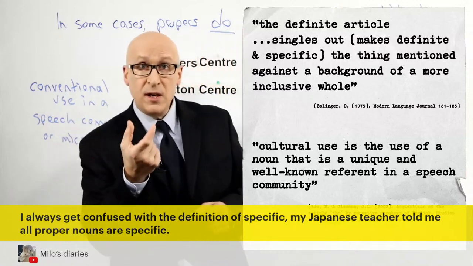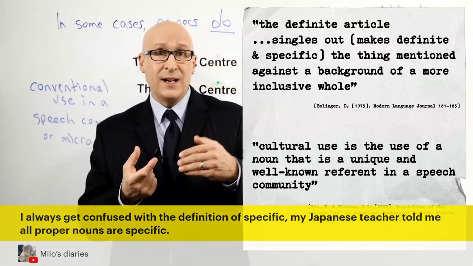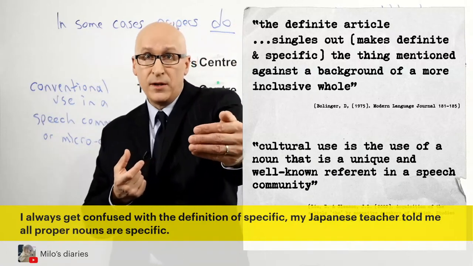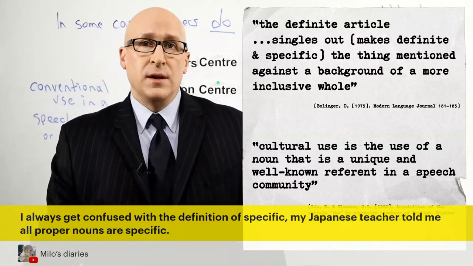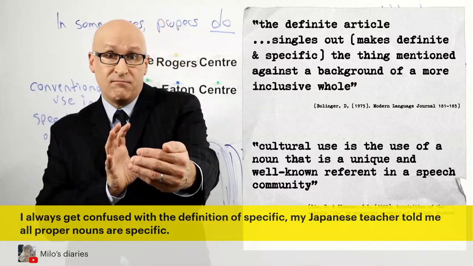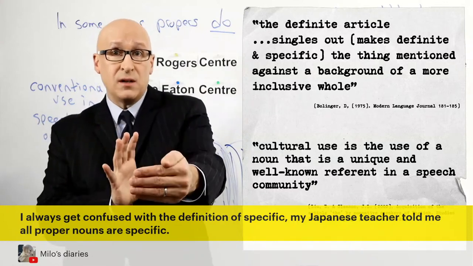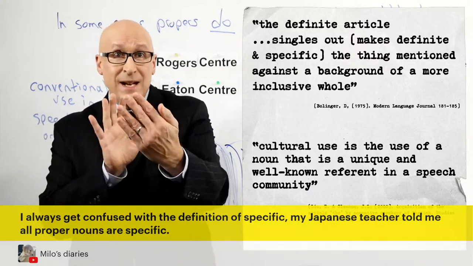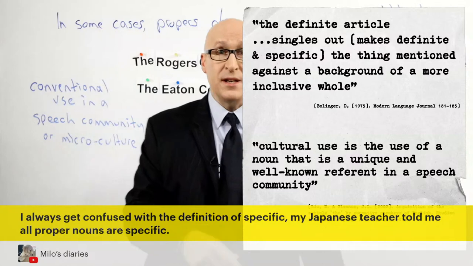We are a speech community of two people. So, if it's specific, it means you already know what I'm talking about. So, the definition of specific depends on the context. The speech community context or the microculture context. And the context can be as small as two people. Two people is a speech community.